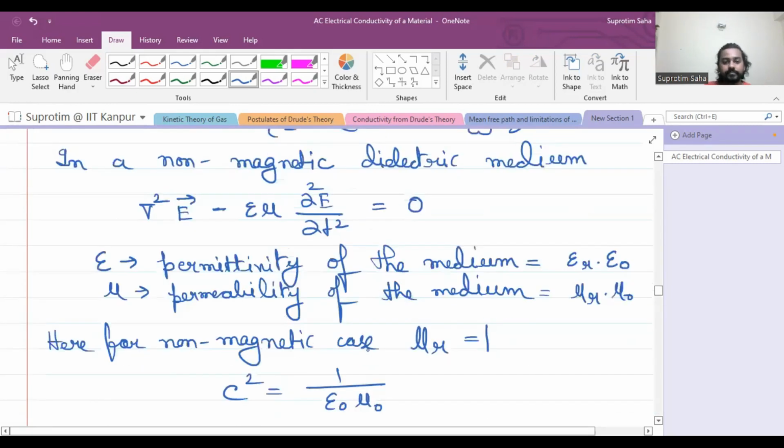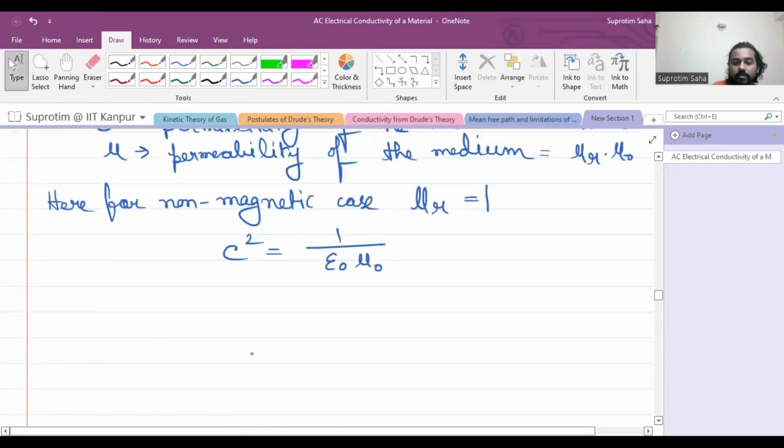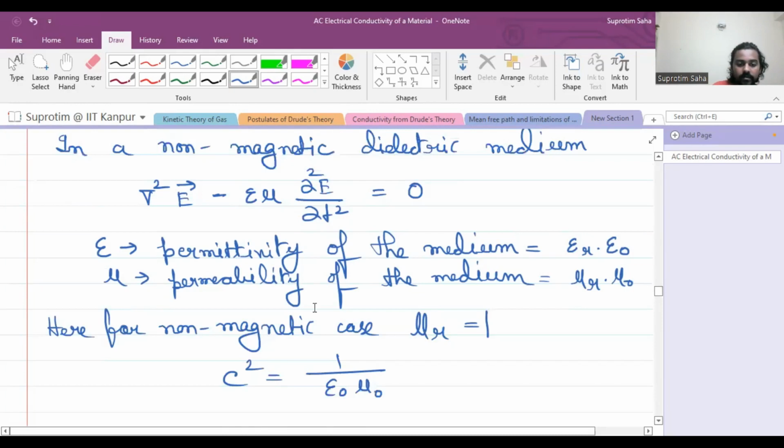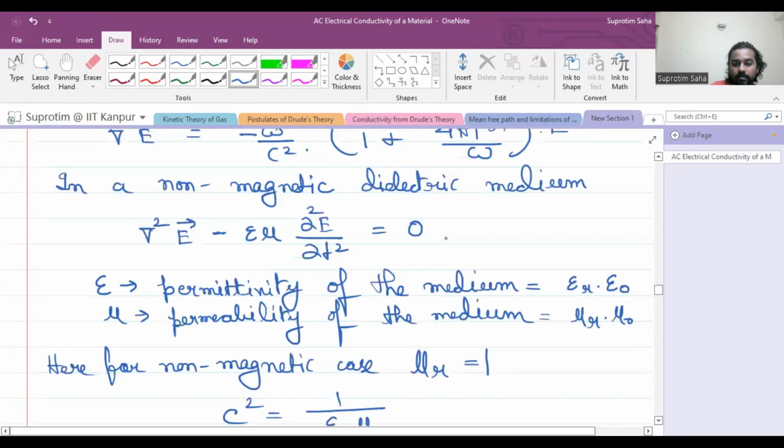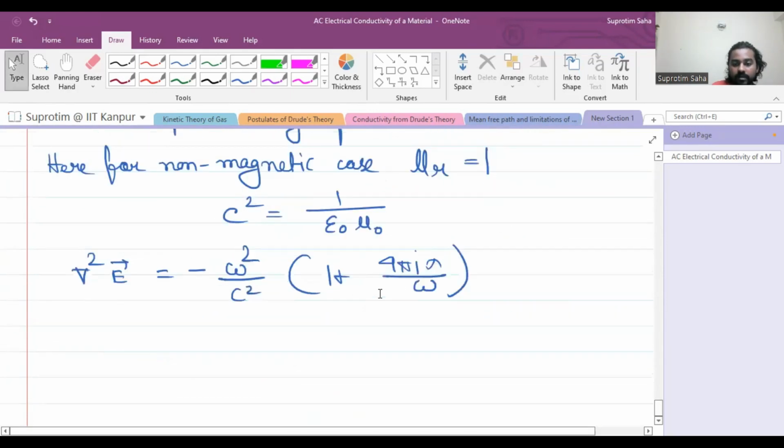All right. So we had Laplacian of E minus omega squared over c squared times 1 plus 4 pi i sigma over omega times E.